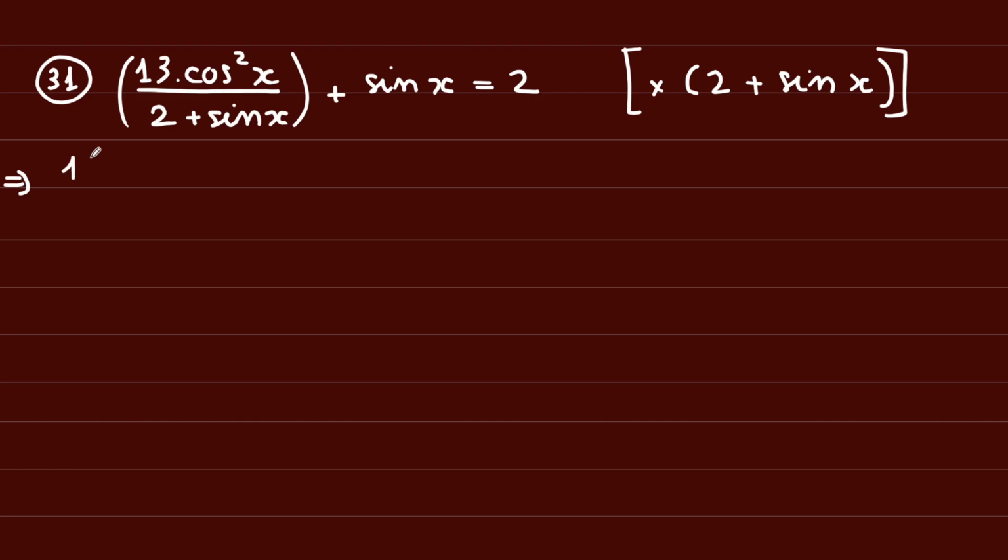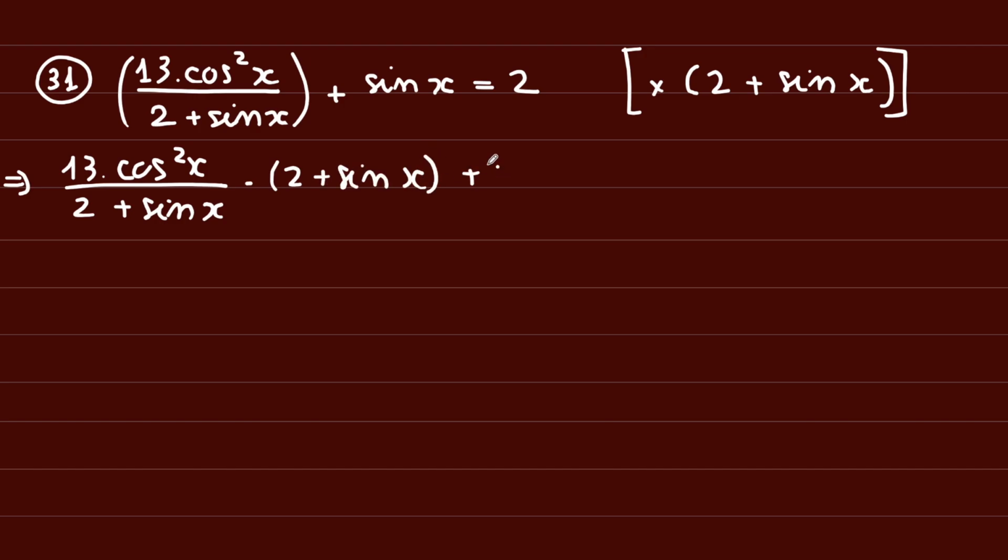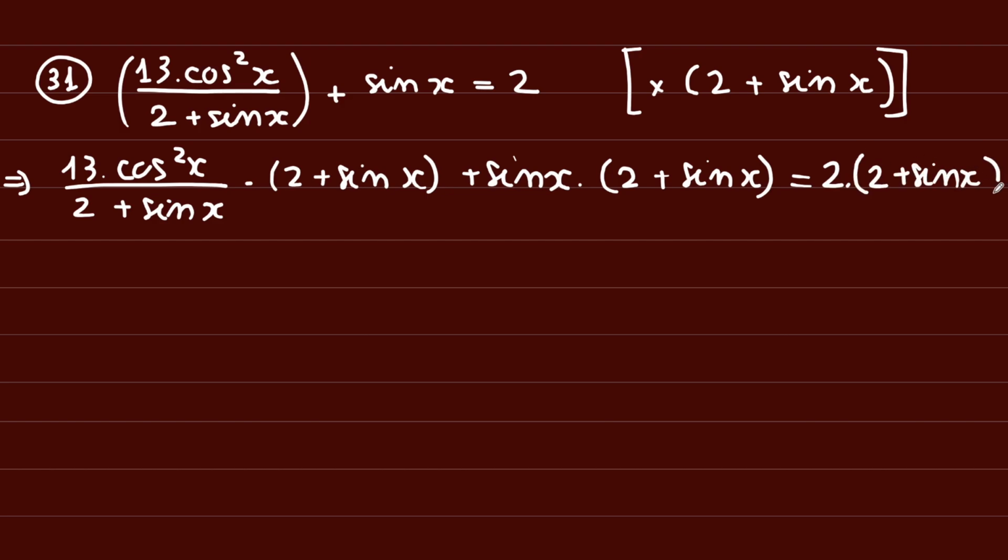The first term will be 13 multiplied by cos h over 2 plus sin h, right? I will multiply this one by 2 plus sin h. The second term is sin h, right? I will multiply this one by 2 plus sin h one more time. And the last term is 2, which will be multiplied by 2 plus sin h here.